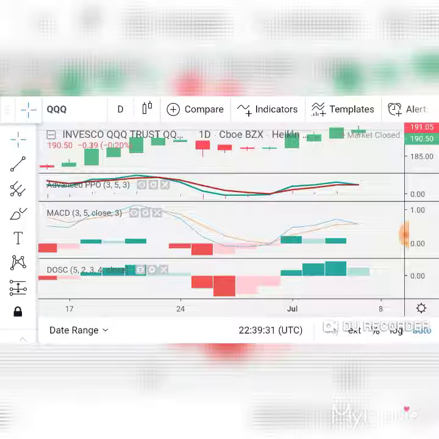So what we're going to do: we had already moved on Friday back to 100% Putnam stable value, because we're thinking that there's going to be a loss in QQQ Monday and possibly Tuesday. We'll see how good we are.